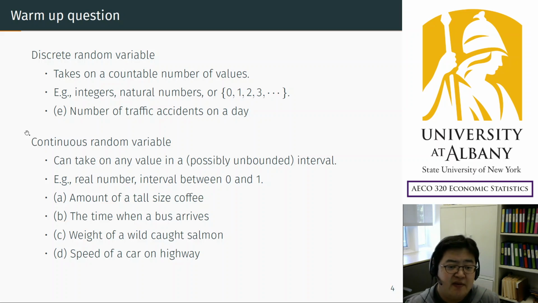In this chapter we are going to focus more on the continuous random variable. So far most of our examples are based on discrete random variables because they are easier to understand and easier to handle. But now we are going to study how to handle the continuous random variable.